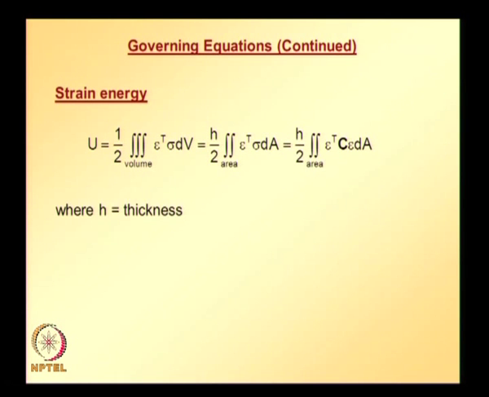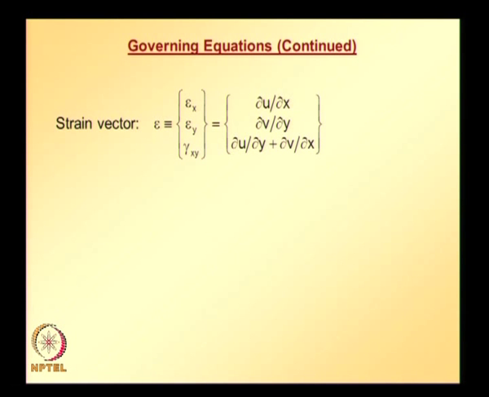And this stress and strain, sigma and epsilon, involve 3 components. So, this is how strain energy U is defined.